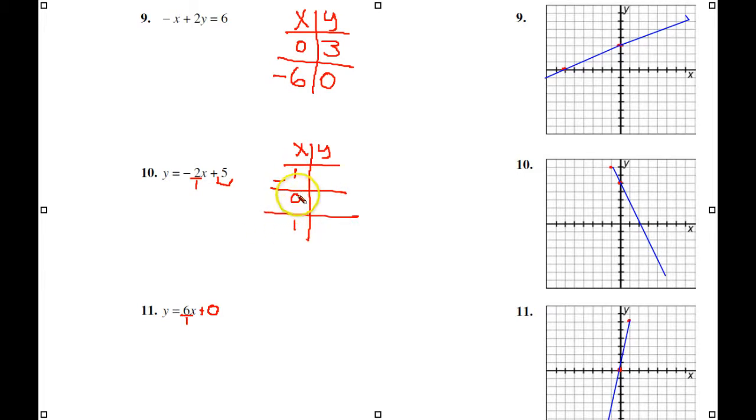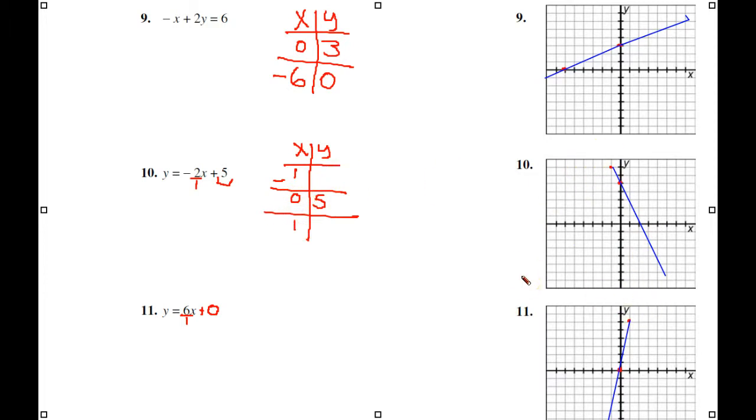You only need 2 to graph, but 3 helps ensure. And notice we always get 0. So if this is 0, this will be 5, which is our y-intercept. So that's where we started. And then we just plotted these other 2. I didn't do that one, but this is the graph.